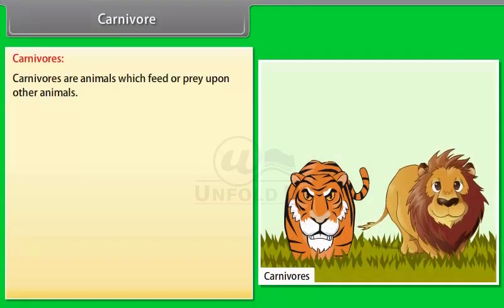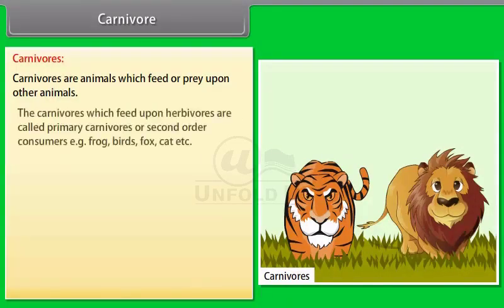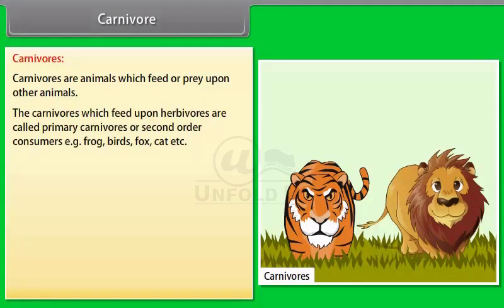Carnivores. Carnivores are animals which feed or prey upon other animals. The carnivores which feed upon herbivores are called primary carnivores or second-order consumers.